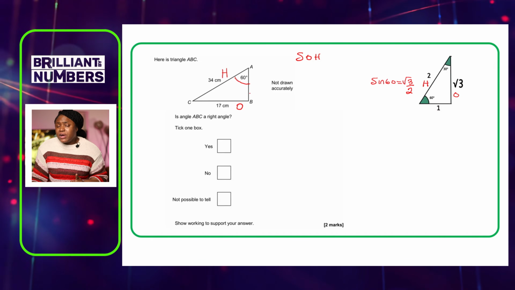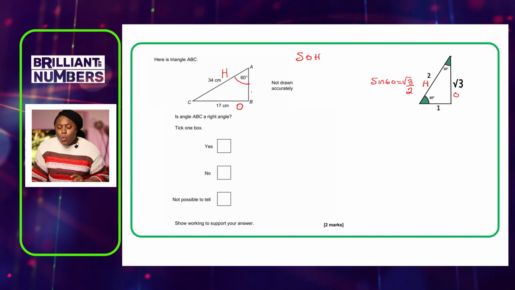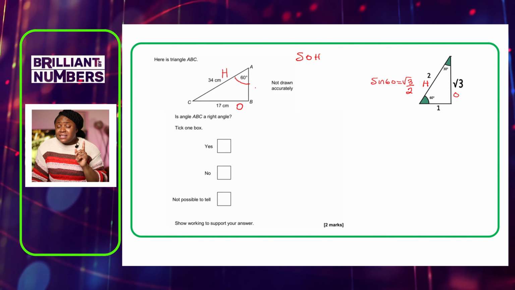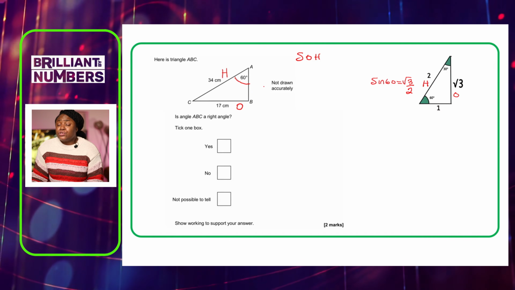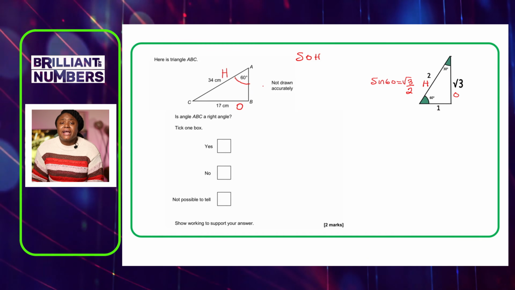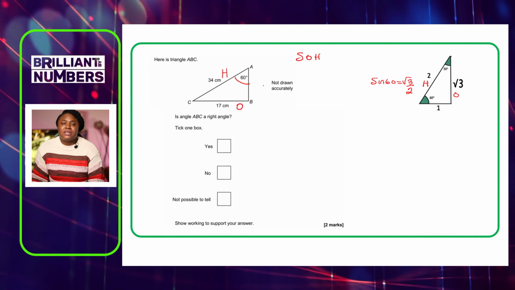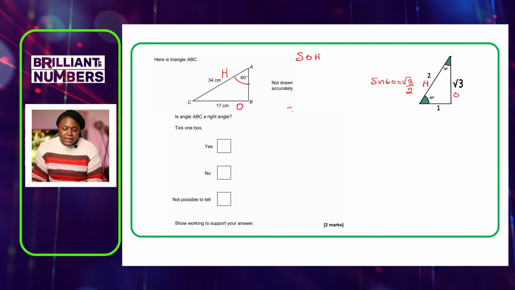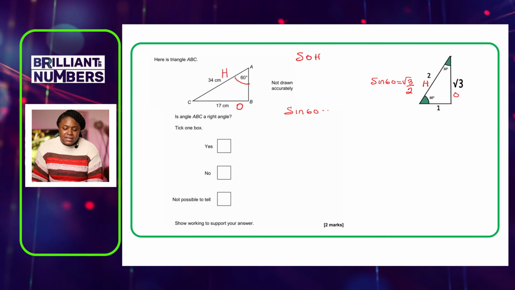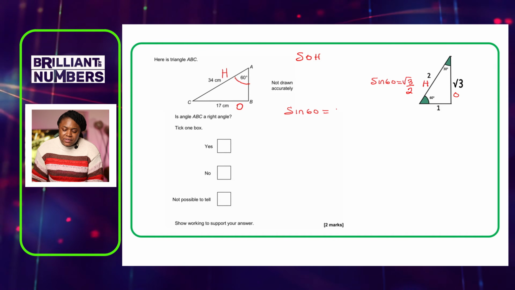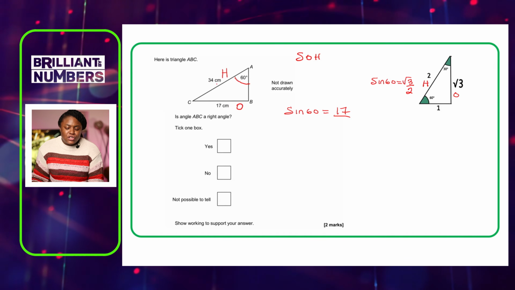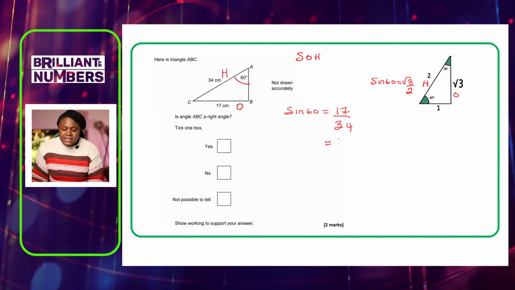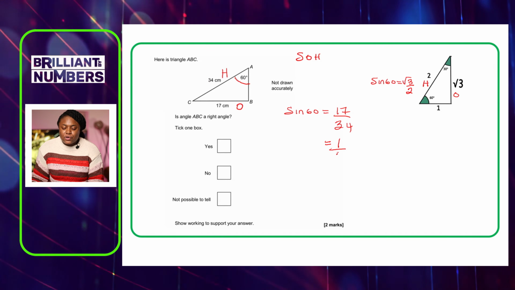So if this triangle is right angled, when we find sine 60 with the sides that we're given, we should get root 3 over 2. If we do not get that, then this is not a right angled triangle. So from 60 degrees, let's find it from here. Sine 60, the opposite is 17, and the hypotenuse is 34. Let's simplify that. 17 into itself goes once, into 34 goes 2.